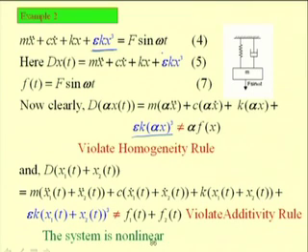To obey the homogeneity rule, it should have been alpha epsilon k x cube. So, this is not equal to alpha f(x), and this does not obey the homogeneity rule. Similarly, one can see that it violates the additive rule also.